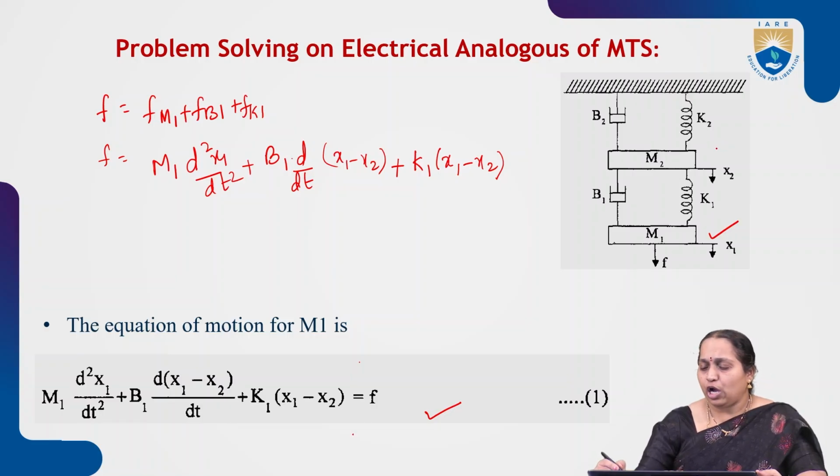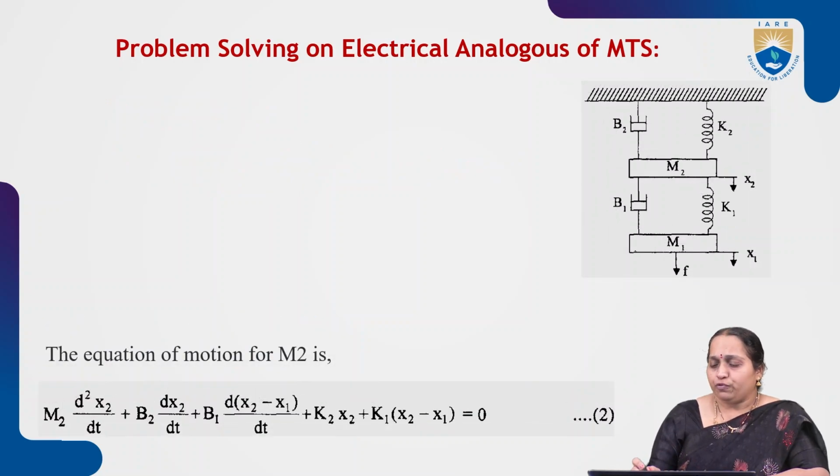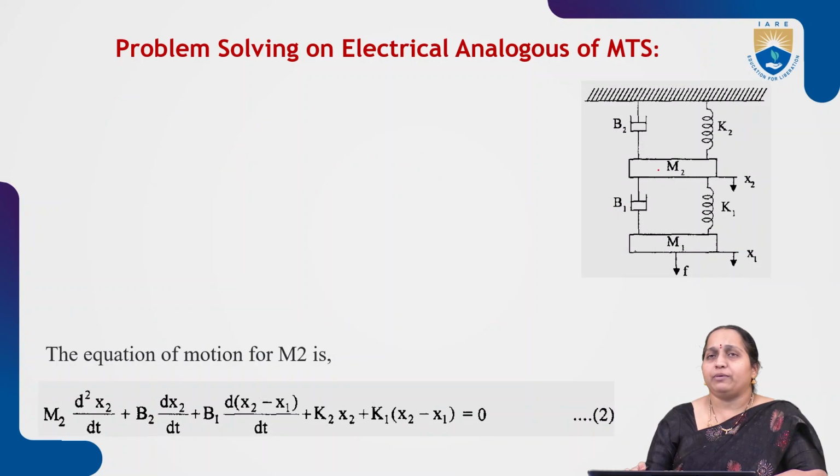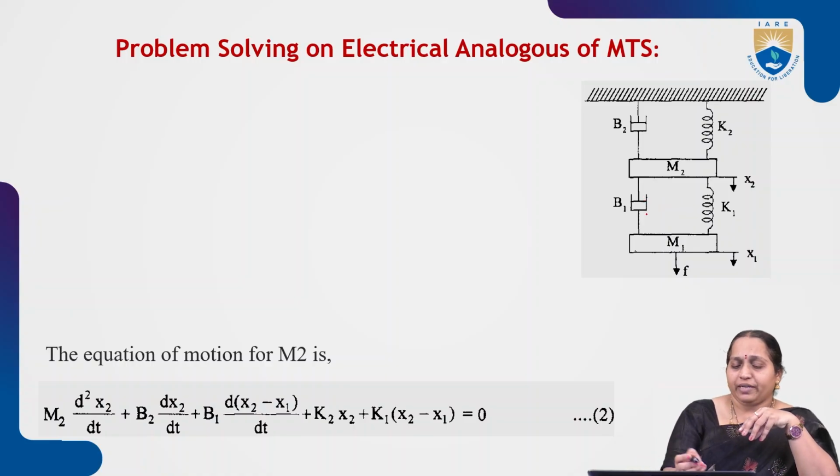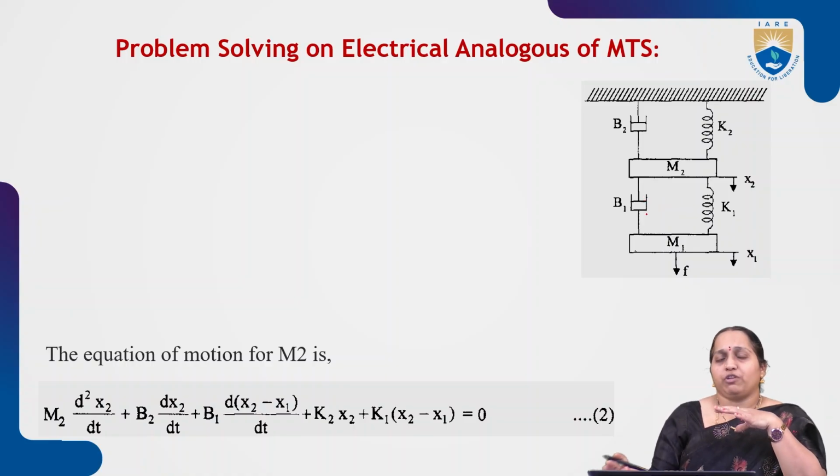Similarly, next we will see how to write for this mass element m2. If you observe, what are all the forces acting upon m2 here? You have two dashpots b1, b2 and two springs k1 and k2, and also the opposing force due to the mass element. The sum of all these forces will be equal to 0.